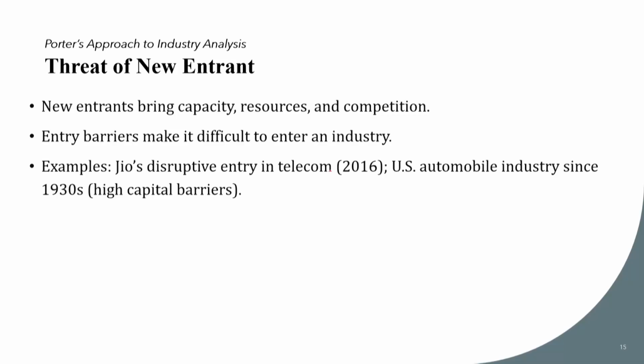You know that entry into the telecom market is not easy, because lots of capital investment is required, and well established firms are already there. However, Jio made a disruptive entry in 2016, and similarly the US automobile industry since the 1930s has offered high capital barriers.